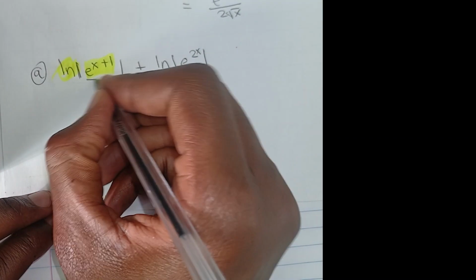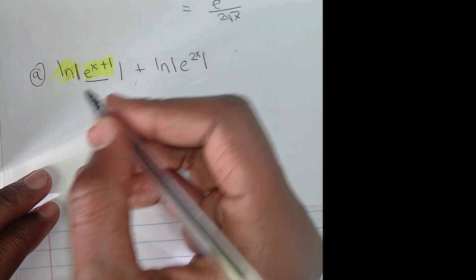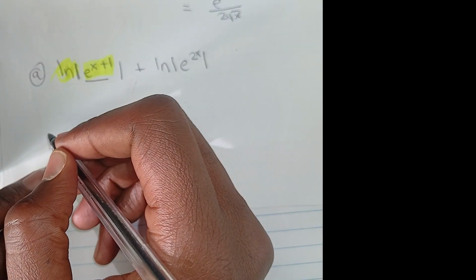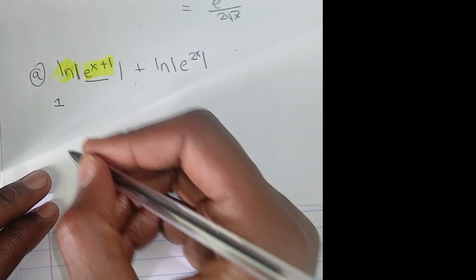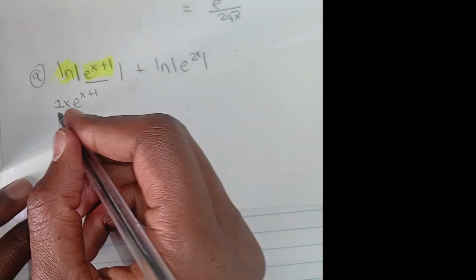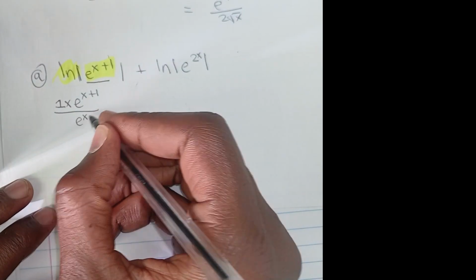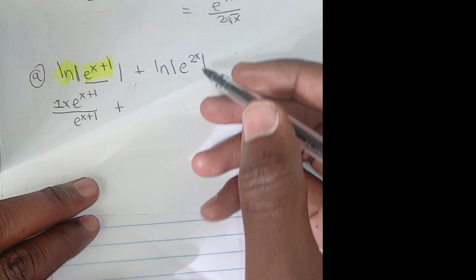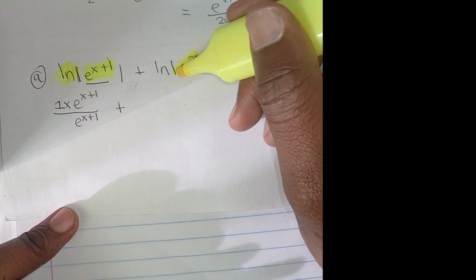So first thing first, we have to derive the one that is inside. So the one that is inside, we have to derive the exponent. Then the derivative of the exponent is 1 multiplied by e to the power x. Right. Then the denominator is just what is inside the logarithm. Now plus, now here we have to derive this one, the one that is inside.